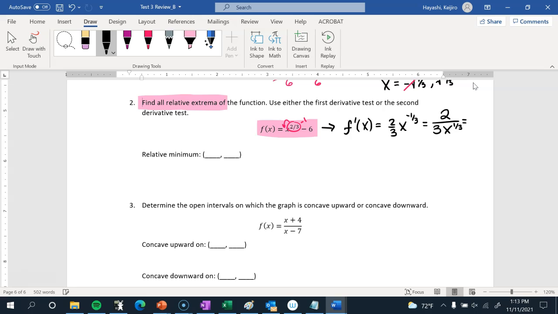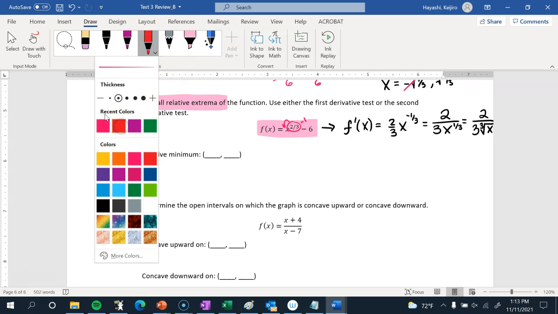Then next, instead of writing 1/3 as a rational exponent, you can change this to be the cube root of x instead. With that, it might be easier to think of where it's 0 or undefined. That's just f prime rewritten in a different way.